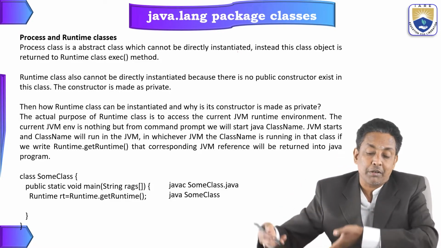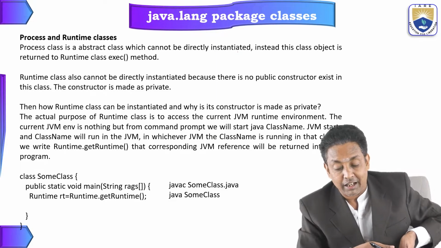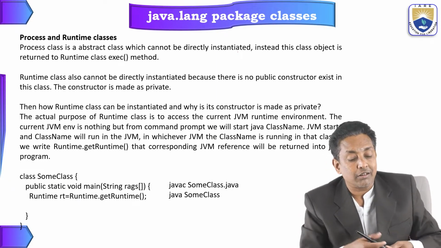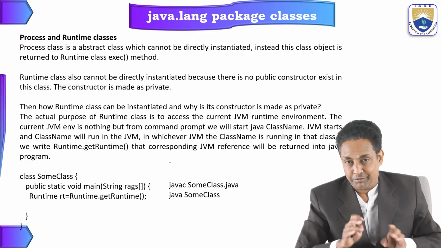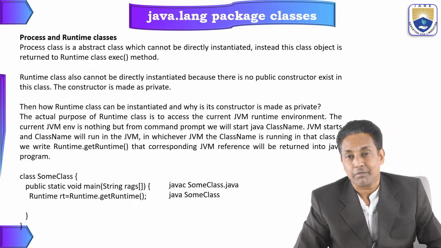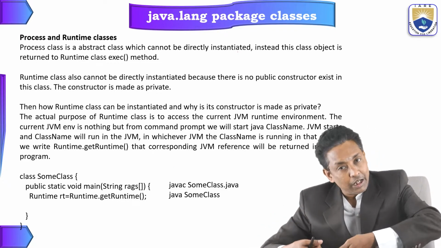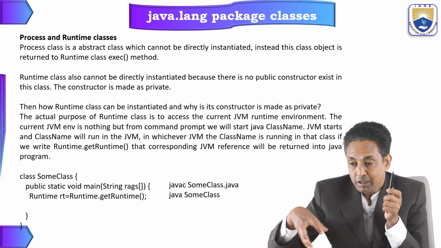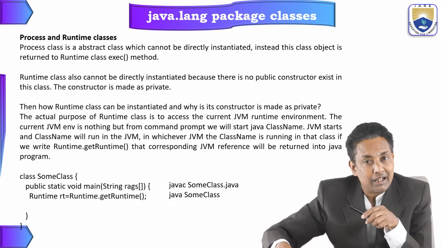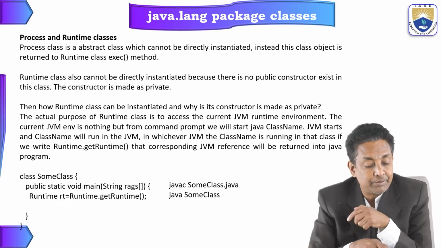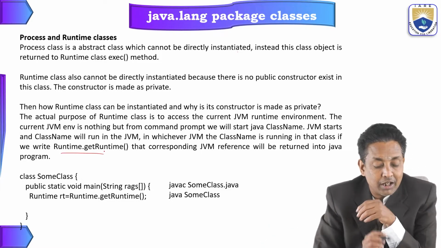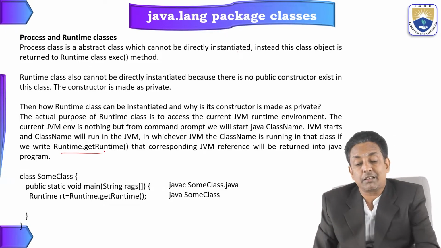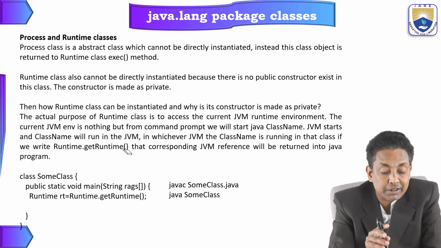In whichever JVM our class is loaded and running, if you call Runtime.getRuntime in any method of any program, you will get the current JVM runtime environment through this Runtime class object, which corresponds to the JVM reference.